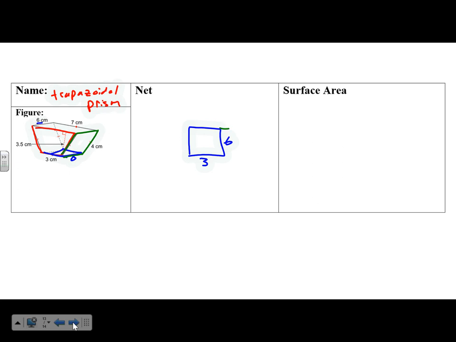We're going to go over here is 6 by 4. And the other side over here is also 6 by 4, I believe. And then the bottom, excuse me, is this 6 by 7 rectangle.